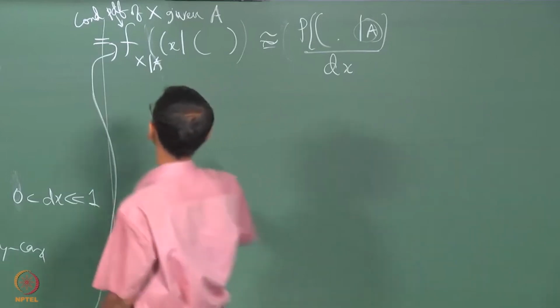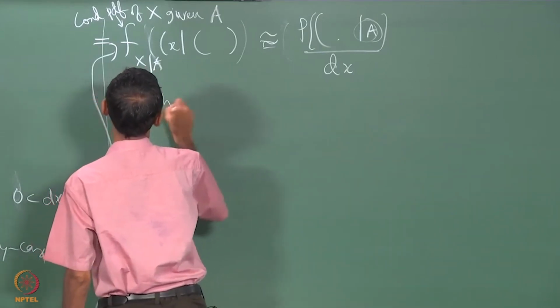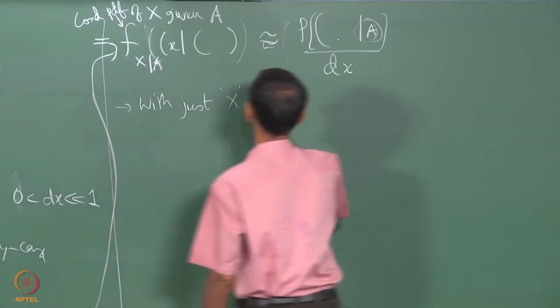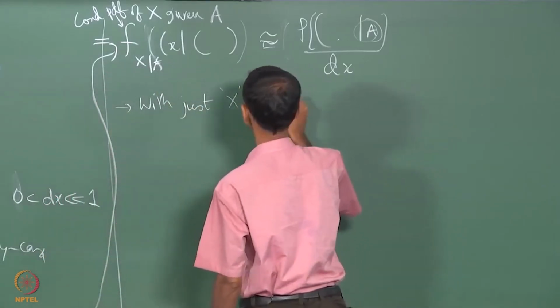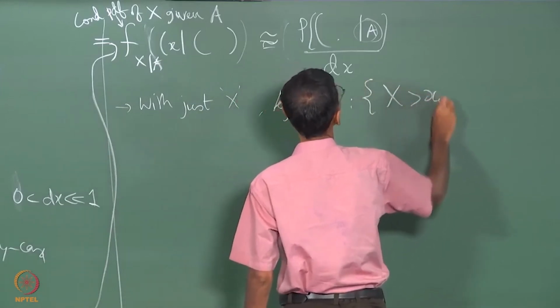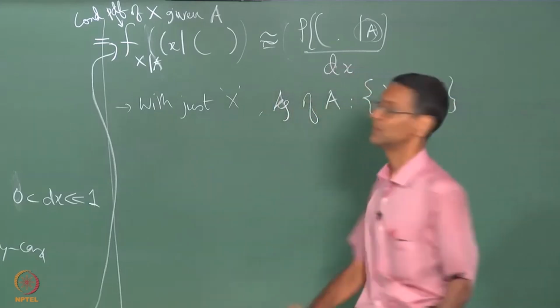So with just x alone, no y or no other random variable around, an example of A is what? The standard example, x greater than x naught.